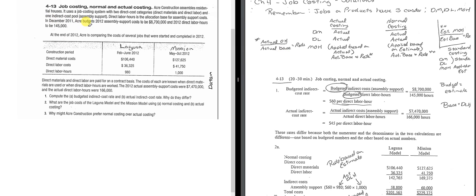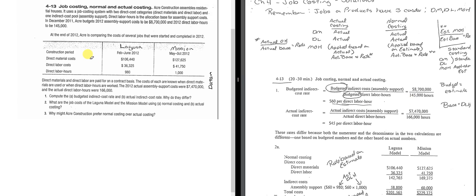In December 2011, they budget, so that's based on normal costing, assembly support to be $8,700,000 and direct labor hours of 145. So I'm going to take my estimated overhead divided by estimated base, so 8.7 divided by 145. I'm going to give it $60 for every direct labor hour they have. So if they have 2 direct labor hours, I'm going to give them 2 times 60.